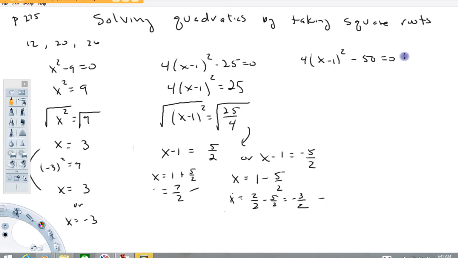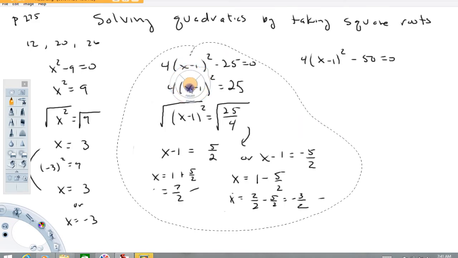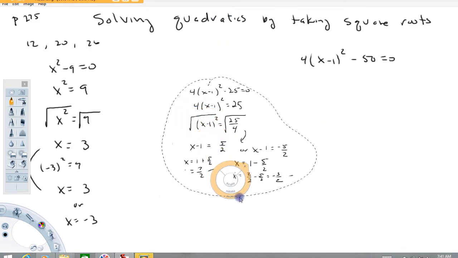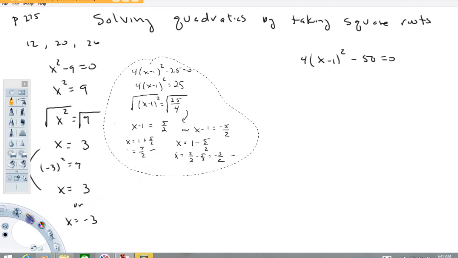All right, we'll start working on this one. I'm going to need a little more room, so I'm going to change its scale and move it over. Now we'll start dealing with this. So first step with this method would be add 50 to both sides. Did I copy that one down right?